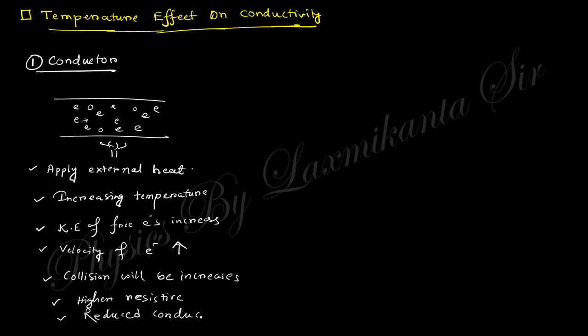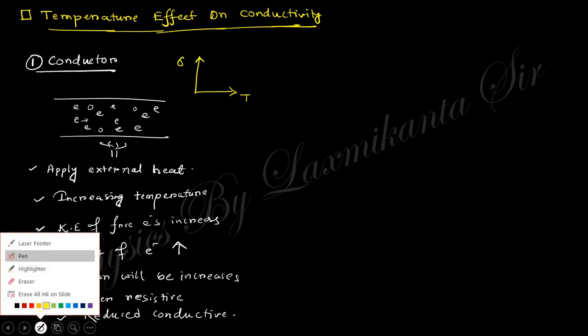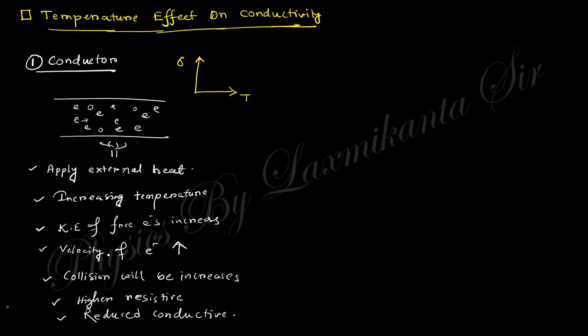I think you are clear about what happens during the heat increase within the conductor. So this is the temperature and this is the conductivity. If you increase the temperature, the conductivity will be reduced or fall down. This nature will be like that, parabolic. Okay, this is the temperature effect on conductivity in a conductor.